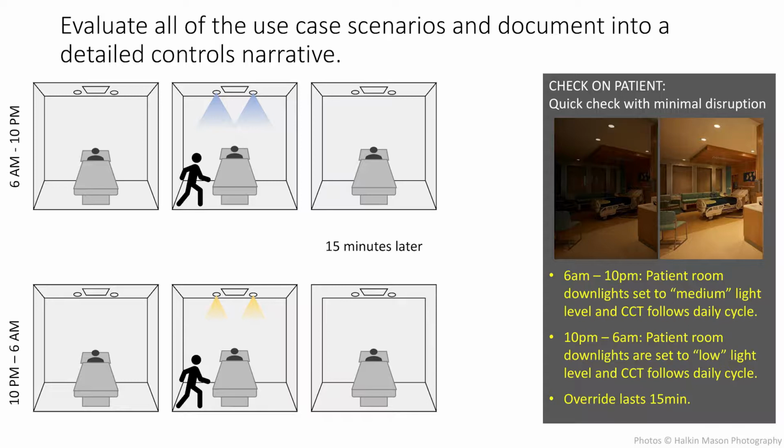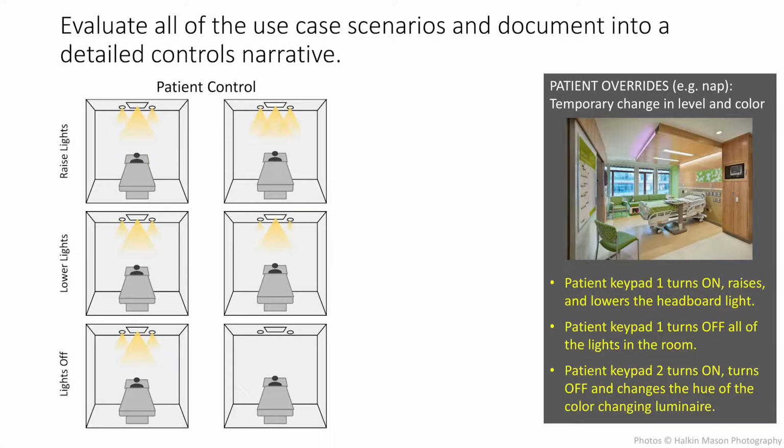Here's a much more comprehensive exam. In this exam, the lights are going to be set at medium light level, and the lights over the bed are set to bright. The keypad is disabled, and it's going to last for an hour. So they come in, do their stuff, and then when the staff release it, it goes off.